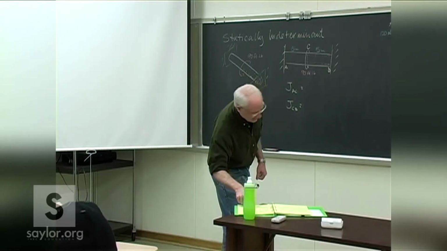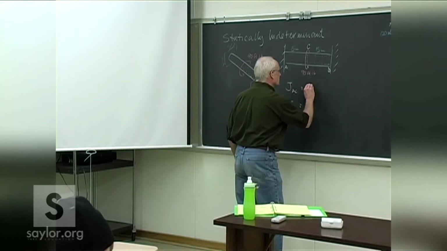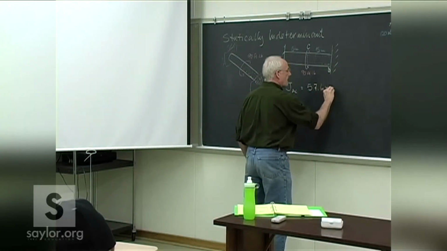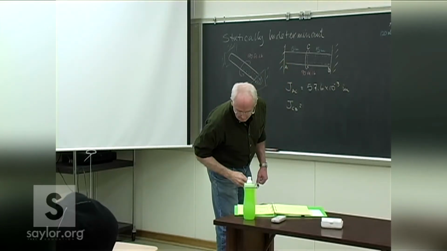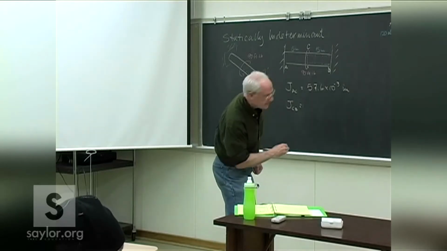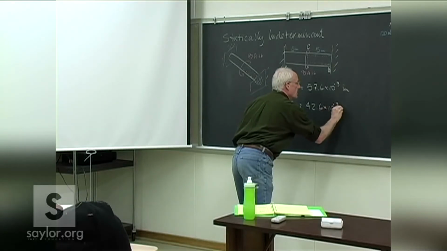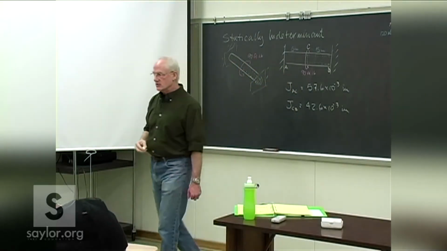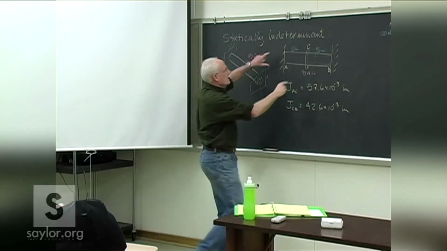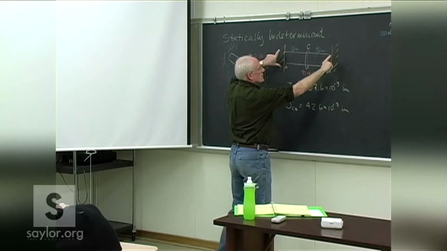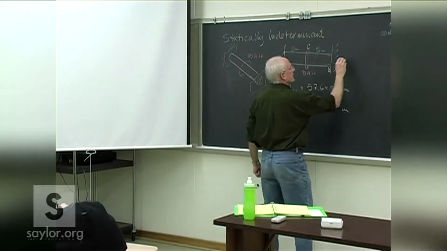A is C is 57.6 times 10 to the minus 3 inches, and 42.6 times 10 to the minus 3. Now, the way we get out of the static indeterminacy of this is the fact that because it's mounted at two rigid ends, there's no overall total deflection.